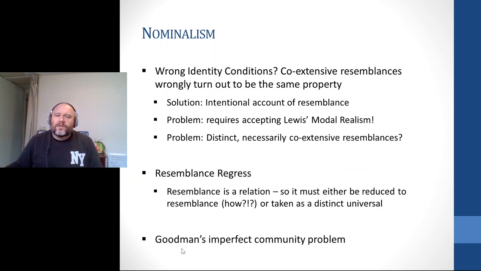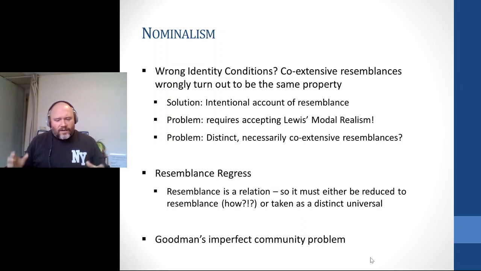So the final objection is Goodman's imperfect community problem. We will talk about this in the tutorial. But the basic idea here is that relations are cheap. Resemblances are cheap.